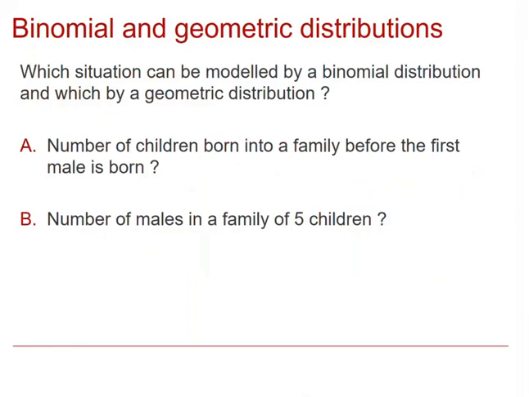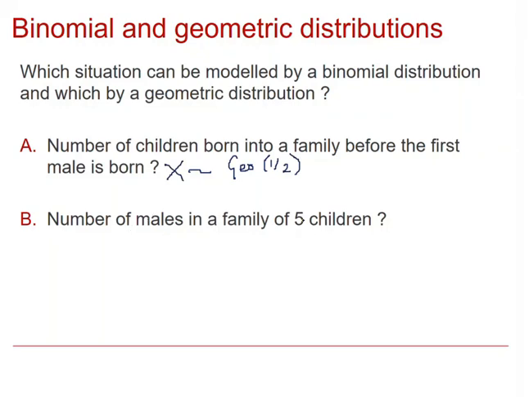So if we have a look at the binomial and geometric distributions, there's a couple of examples here and you might like to pause for a moment to read them through. Example A, the variable is the number of children born into a family before the first male. Clearly no fixed n. The probability of a success of getting a male child in this case would be a half, so that could be modelled by a geometric distribution with probability a half of success.